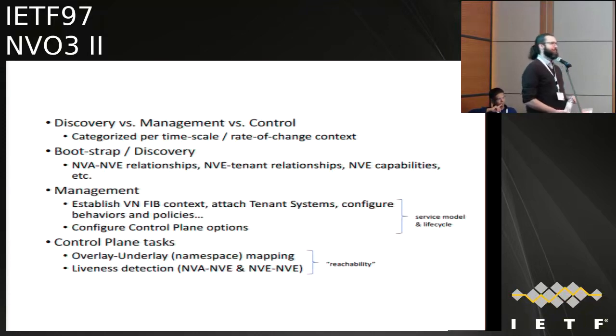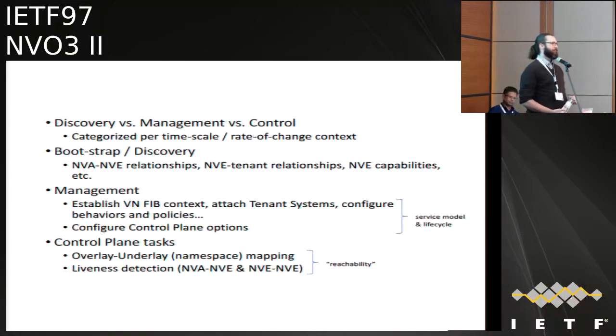I create the routing context, I create the attachment circuit to it, I could push policies that apply to that routing context on that NVE, and the rest, which is IP reachability information that's pretty dynamic in nature, will be pushed via control. And we focused on the NVA control plane separated from the NVE, as opposed to a distributed control plane.